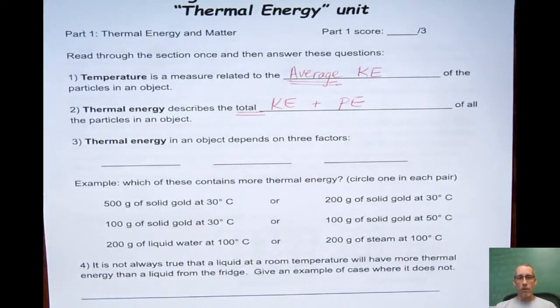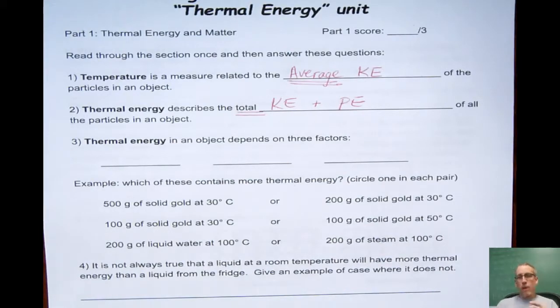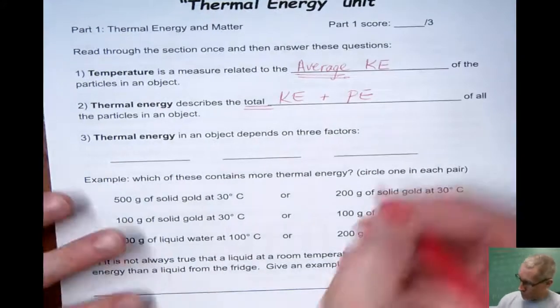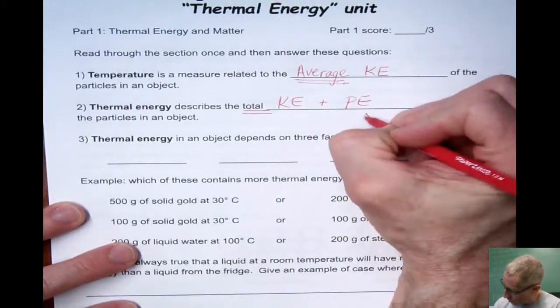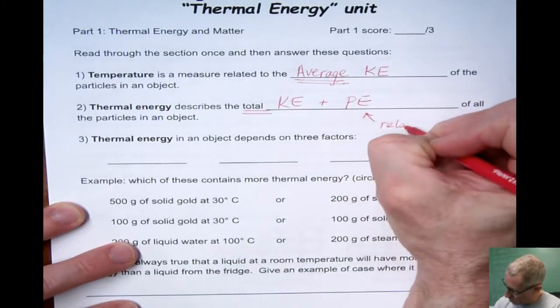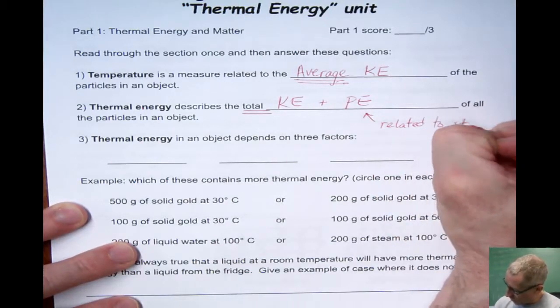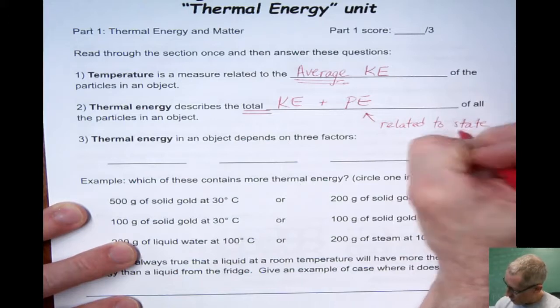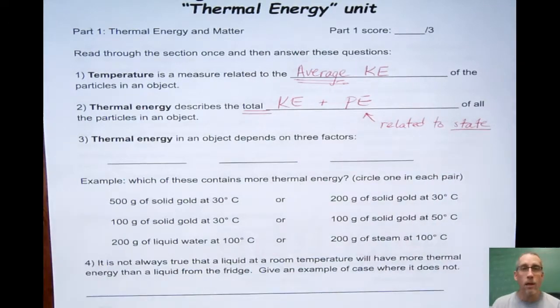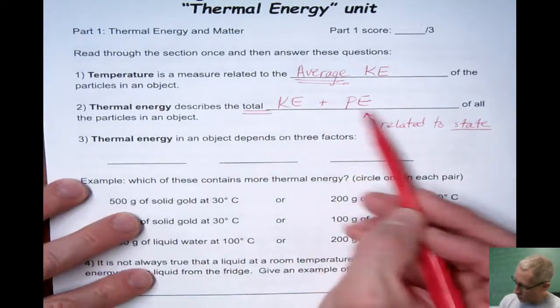We're not talking about taking the particles and lifting them up high. We're talking about how the particles are interacting with each other, usually how close they are to each other. And so this actually has to do with, or is related to, the state of matter. That means, is it a solid, a liquid, or a gas? Okay, so that's what we're referring to there.